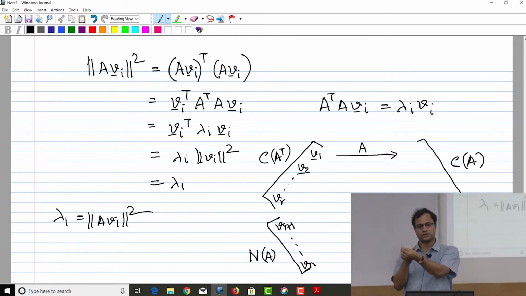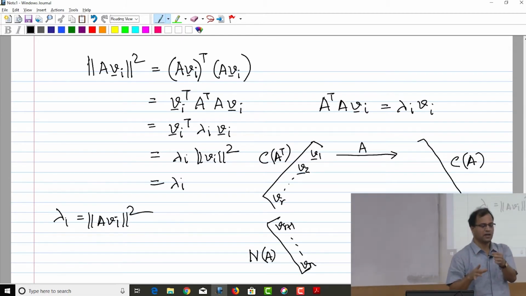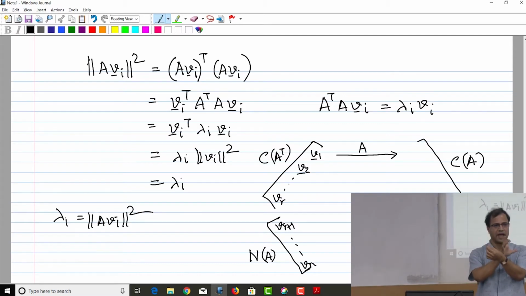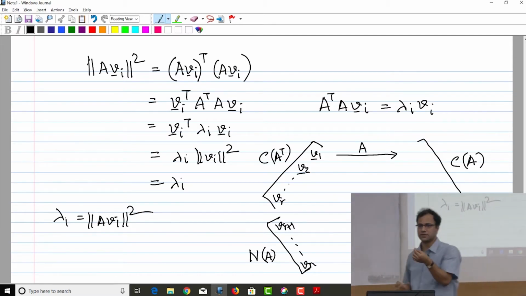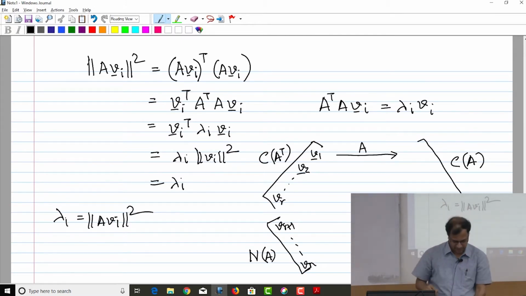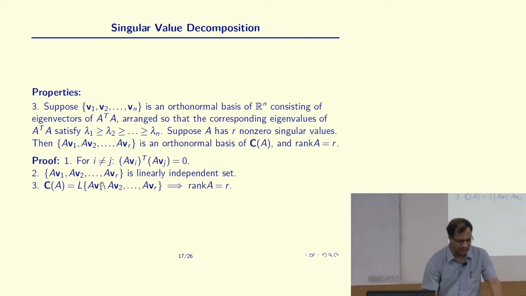Corresponding to this y, we'll have some x in the row space so that A of x is equal to y, and we can show that this y can be expressed as a linear combination of these AVis. So these vectors AVis are spanning this column space.